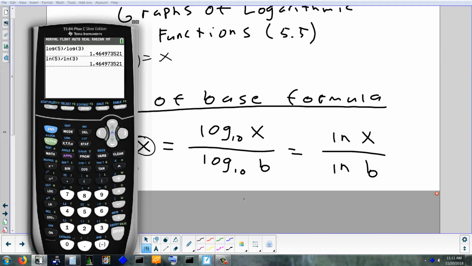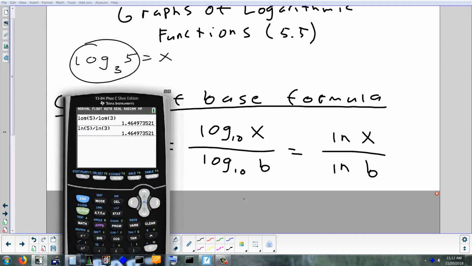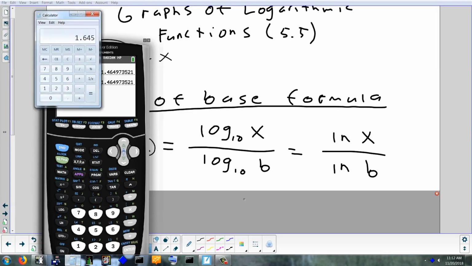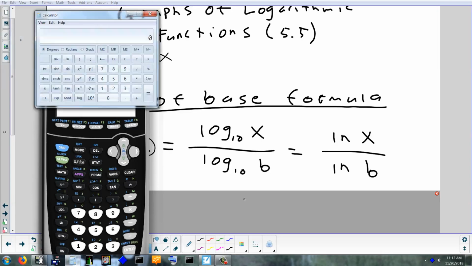So that's how you can type something in that's a base besides 10 or e. And that'll work on any calculator. Some calculators might have a function built into them to do this directly, but not every calculator does. So I'm showing you a method that you could even use on a regular scientific calculator, like a little $10 calculator.